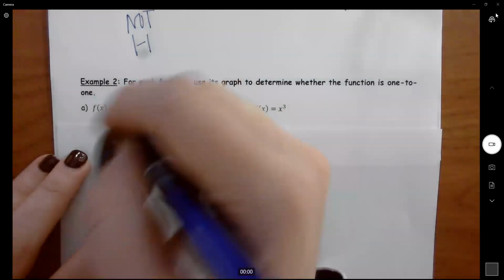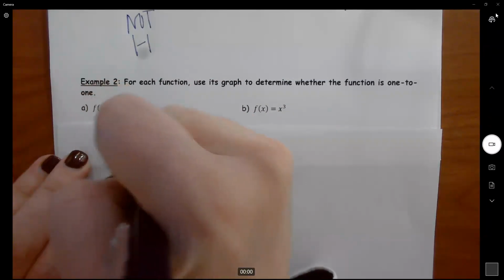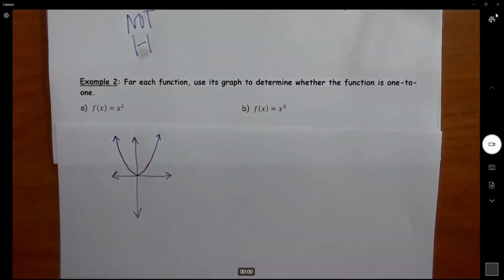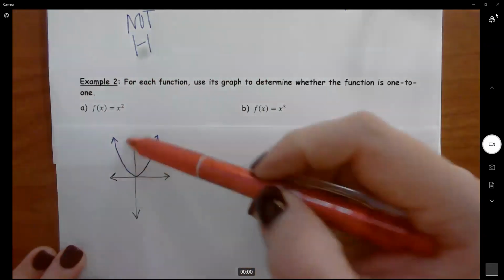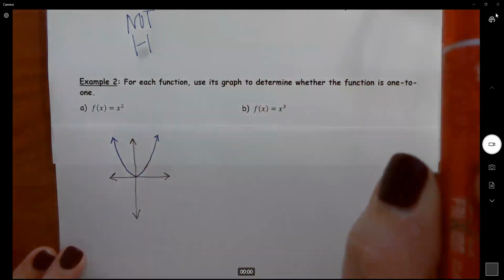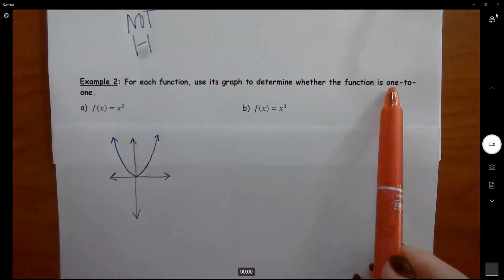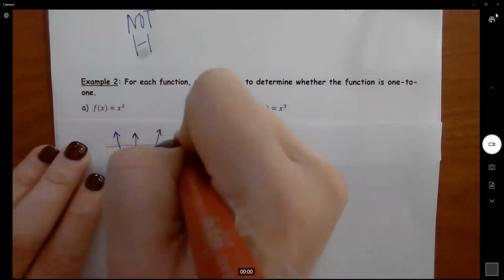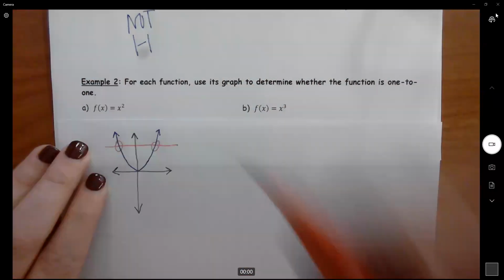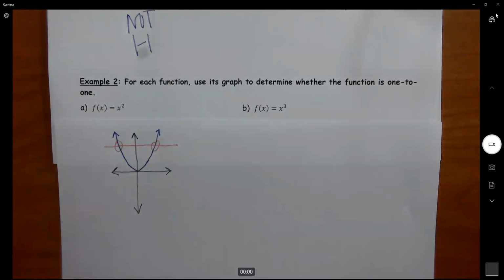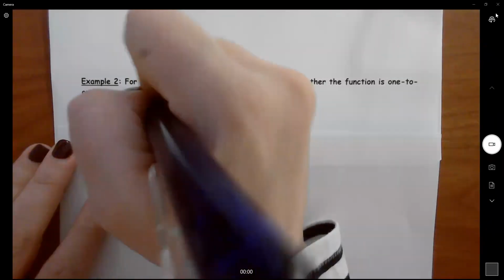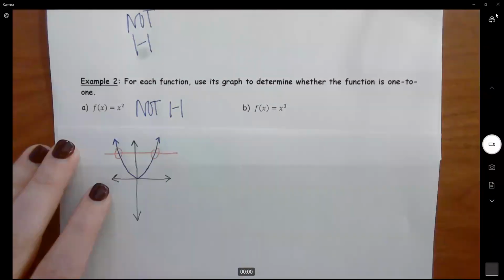X squared is your parabola, and this one is the most basic one where its origin is right here in the middle. Again, it tells me it's a function, so it passes that vertical line test. But for it to be a specific kind of function, which is one-to-one, it must also pass a horizontal line test. Well, this one does not pass that horizontal line test. So this one is not one-to-one.